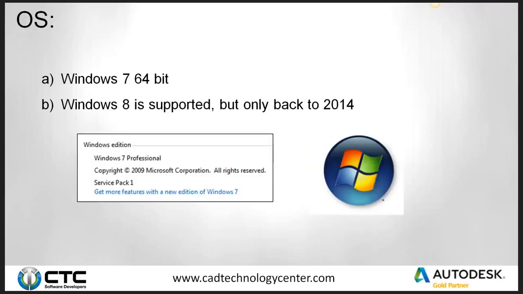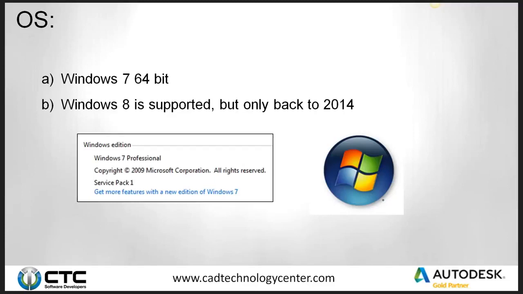Operating system, pretty simple. Windows 7 64-bit is supported on all the softwares that are current. So 2015, and then even going back 3 versions, so 14, 13, and 12. If you do buy a new machine right now, typically it is going to come with Windows 8.